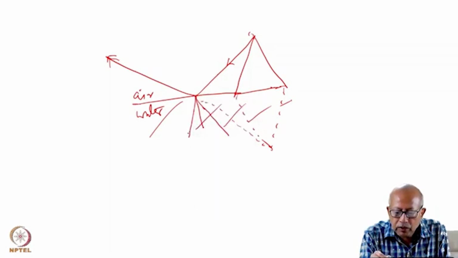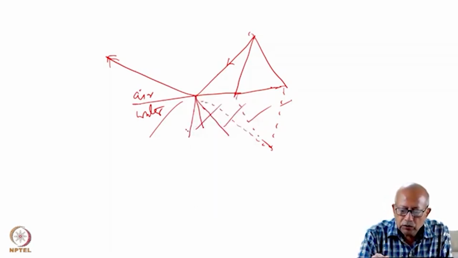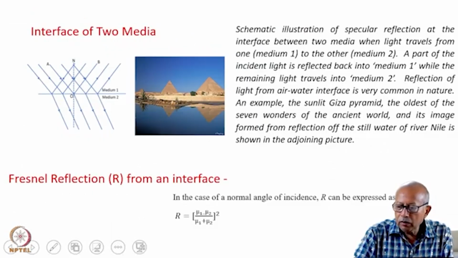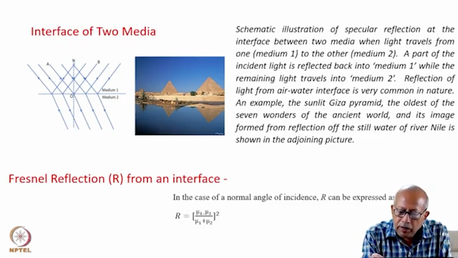The rest of the light escapes into the water, and that is why the image is not as bright as the sunlit object.